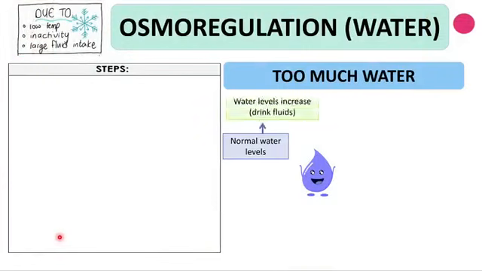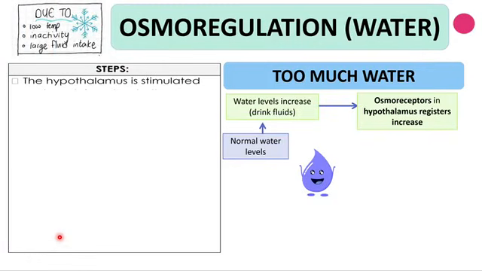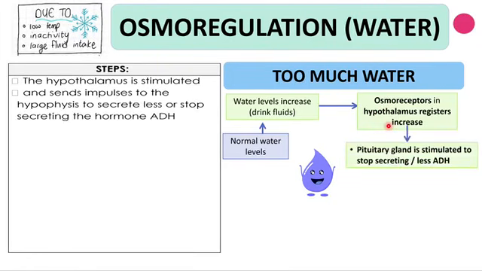First situation, let's look at if there's too much water in the blood. This could be because you drank a lot of water, or you sweated very little, or the temperature is very cold so you're not losing a lot of water. That is detected by osmoreceptors in your hypothalamus, and they tell your master gland, listen, there's too much water in the blood, we need to help the situation, and the only way to do that is by releasing less ADH.